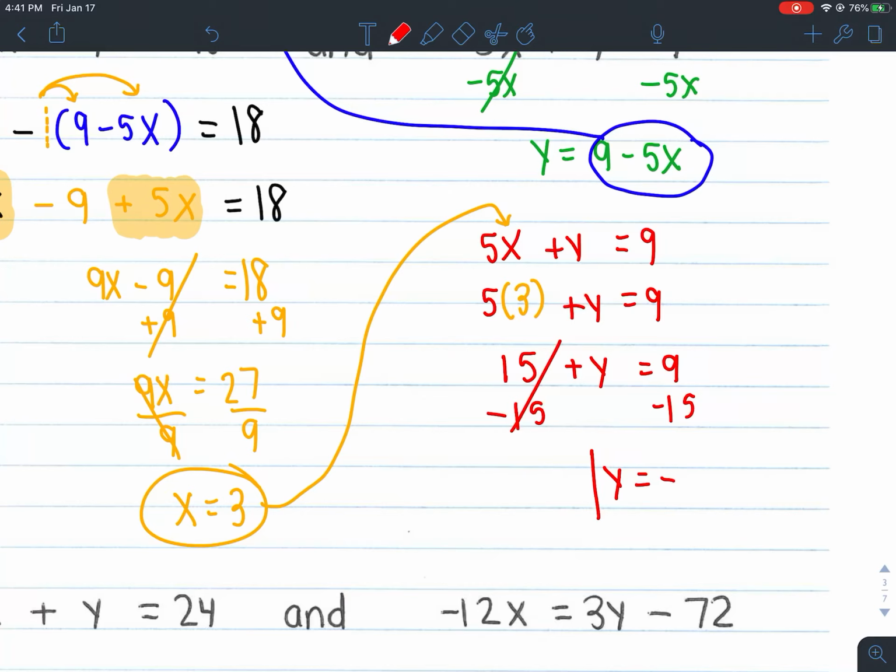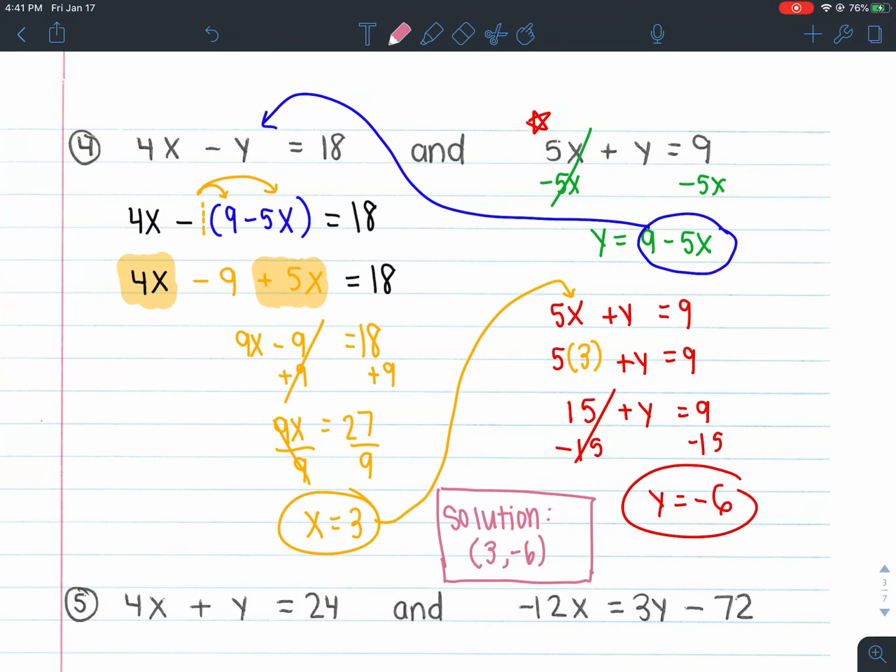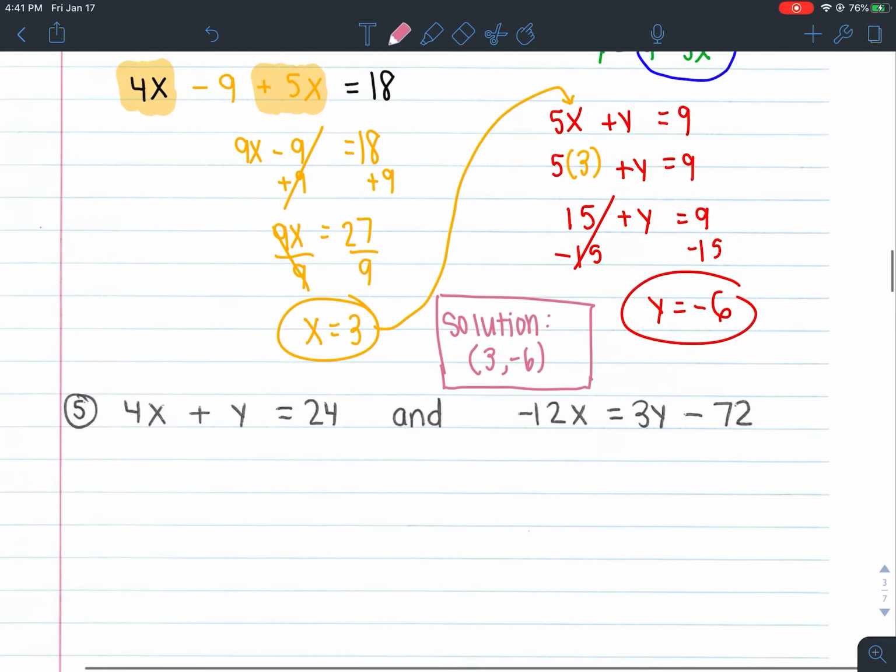Yeah, negative 6. So that is not my answer, but it is part of my solution. So my solution point is 3, negative 6. And I'm going to double check to make sure that works. 12 plus 6, yep. And then 15, yep.